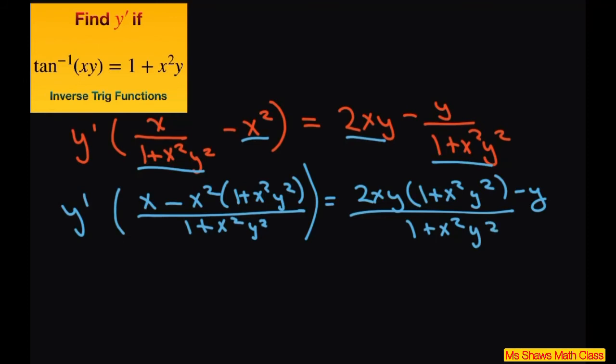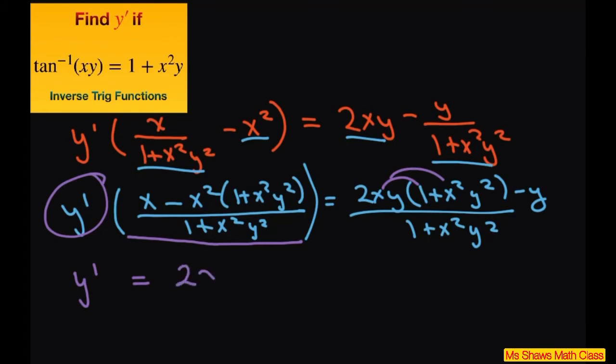Now we're going to divide both sides by this. And when you do, these will cancel. So you're going to get y prime equals, and copy this down. If you want, let's go ahead and distribute that. That's going to be 2xy plus 2x cubed y cubed minus y.